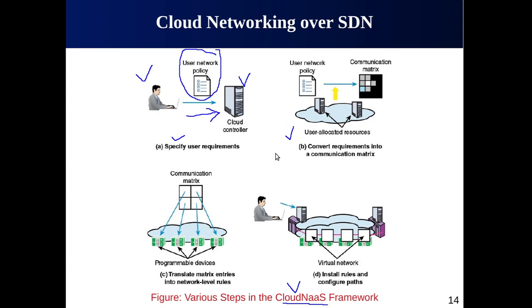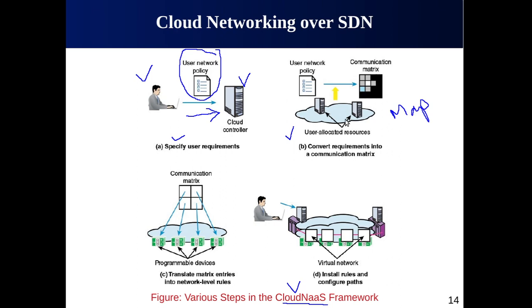Second is communication between the cloud machines itself. Here we do not have the user anymore. The cloud controller maps the policies entered by the user. So here the main thing is mapping. Now we have the policies that were entered by the customer, and then the mapping occurs here.